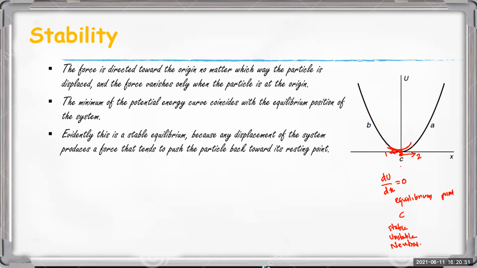So if any displacement of the system produces a force that tends to push the particle back towards its resting point, then such an equilibrium point is known as stable equilibrium. Now I give you an example for unstable equilibrium.